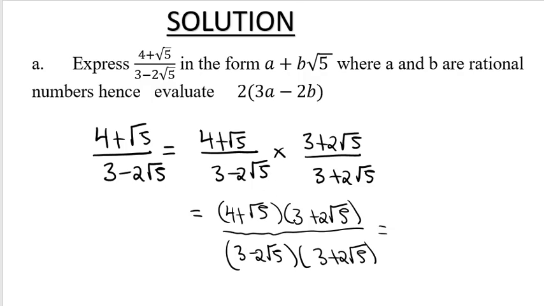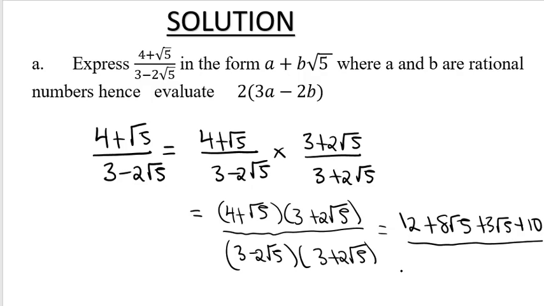This 4 multiplies the 3, so that gives us 12. The same 4 multiplies the 2 root 5, and that gives us 8 root 5. We have root 5 multiplying 3, and that gives us 3 root 5. Then root 5 multiplying 2 root 5 gives us positive 10.